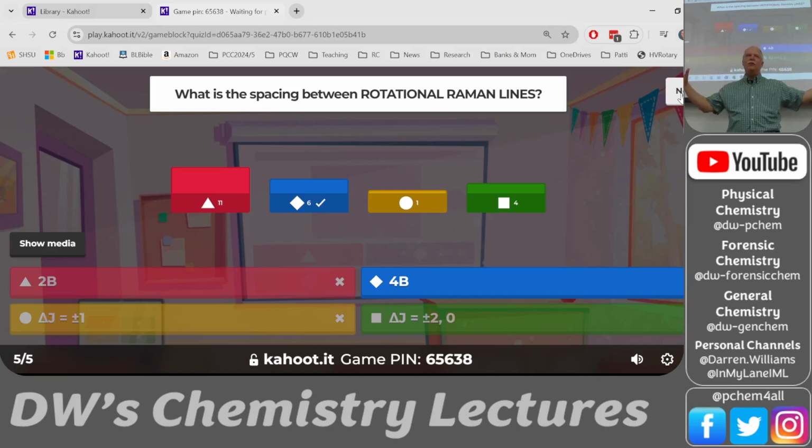And so in the rotational Raman spectrum, the peaks are separated by 4 times the rotational constant. In the absorption and emission spectrum of a rotation, what would it be? 2B. Yeah, so the spacing between the rotational lines in the direct absorption or emission rotational spectrum would be 2 times the rotational constant. In Raman, because we have delta J plus or minus 2, we have a bigger spacing in the rotational spectral lines of 4B.